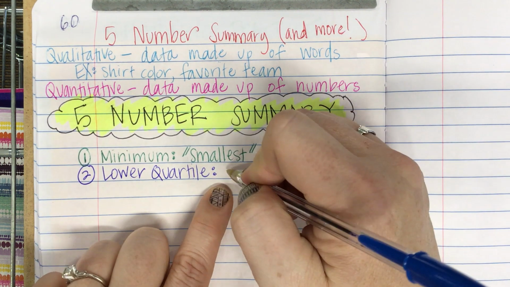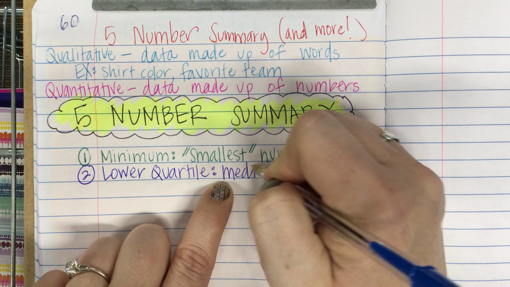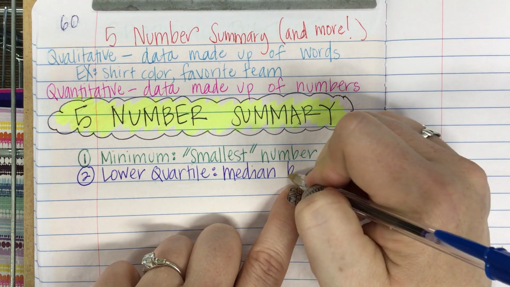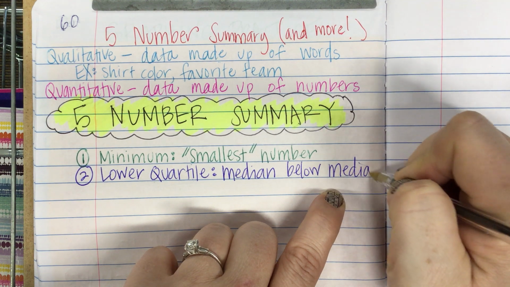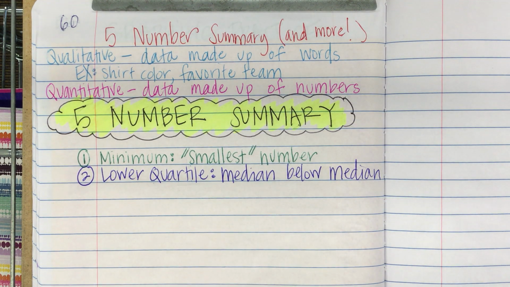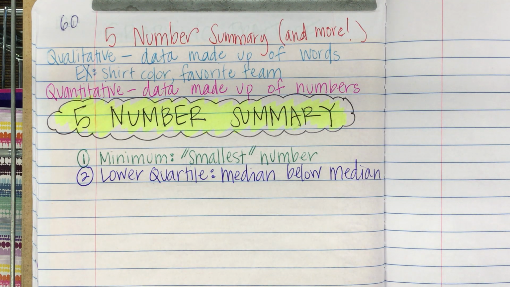It's the median below the median. It's the middle number below the middle of the data. That's like the quartile 1/4. It is the demarcation between the first fourth and the second fourth. It's the middle of the bottom middle.